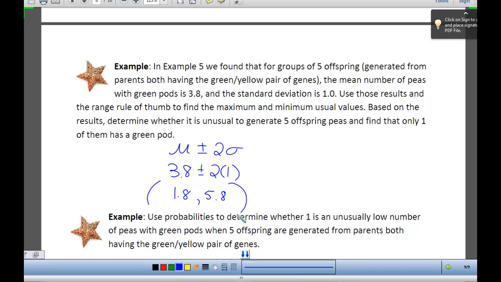Use probabilities to determine whether 1 is an unusually low number of P's with green pods when 5 offspring are generated from parents both having the green-yellow pair of genes. Let's see what that's all about.